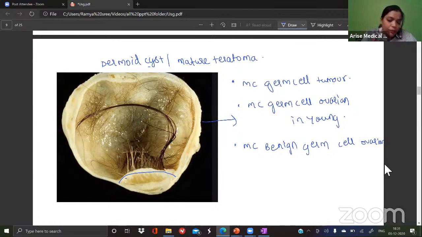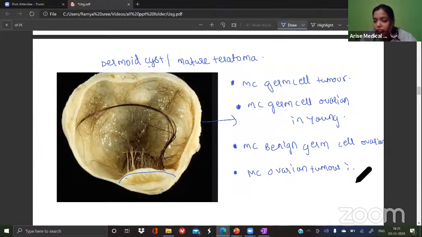It is the most common benign germ cell ovarian tumor. It is the most common ovarian tumor in pregnancy. It is the most common ovarian tumor to undergo torsion.